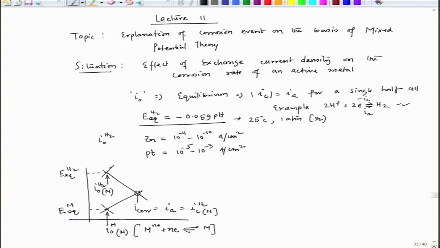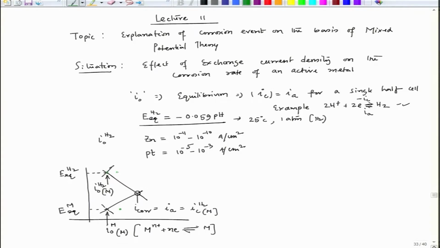Now, there could be, this is in one acid, in a different acid, or if we change the surface nature of that metal, we can have a situation like this. Here the exchange current density can go to this, and the exchange current density of hydrogen can remain here, or it can change here.